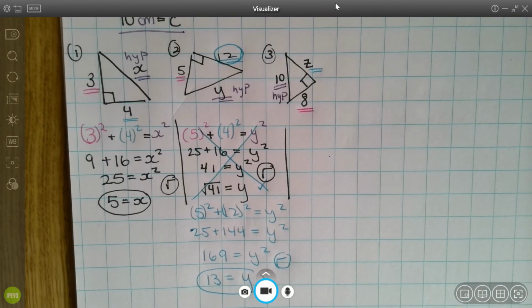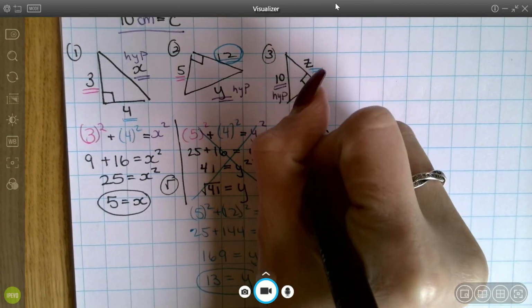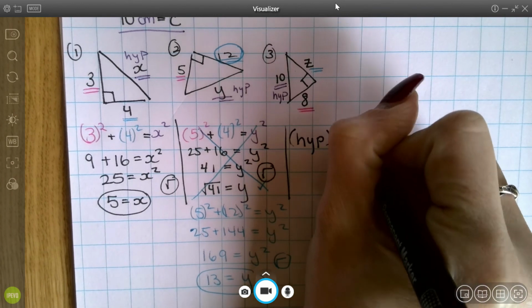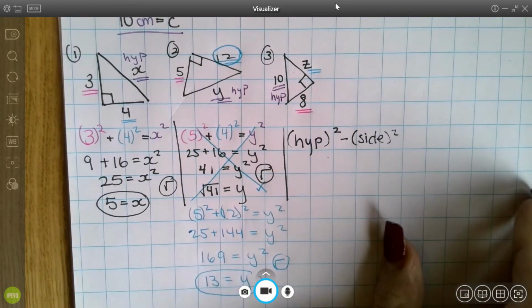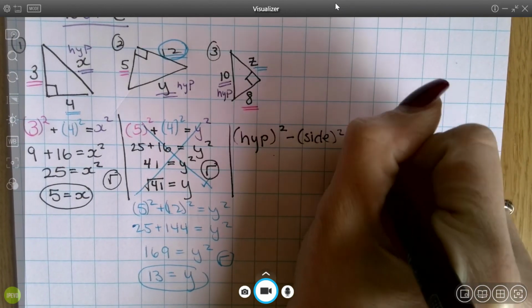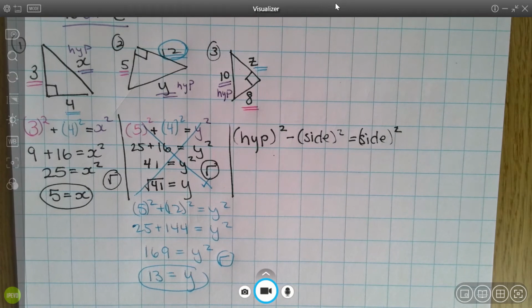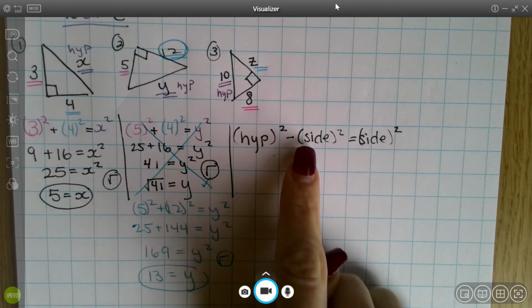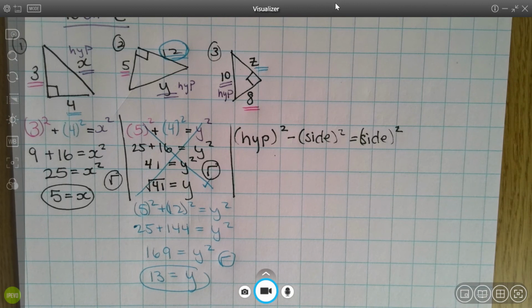When you know your hypotenuse already, instead you take the hypotenuse squared and you subtract the side you know squared. And that'll give you your unknown side squared. In other words, we just changed the way the formula is written. Because if I moved this over, I'd be adding it, because that's the inverse. And that would be the traditional formula we're used to.